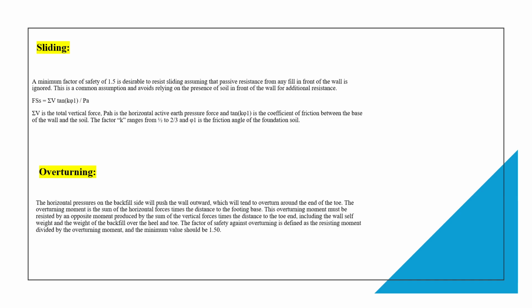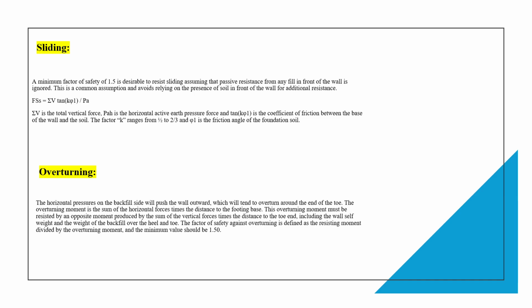And finally, for overturning, the horizontal pressure on the backfill side will push the wall outward, which will tend to overturn it around the end of the toe. The overturning moment is the sum of the horizontal forces times the distance to the footing base.